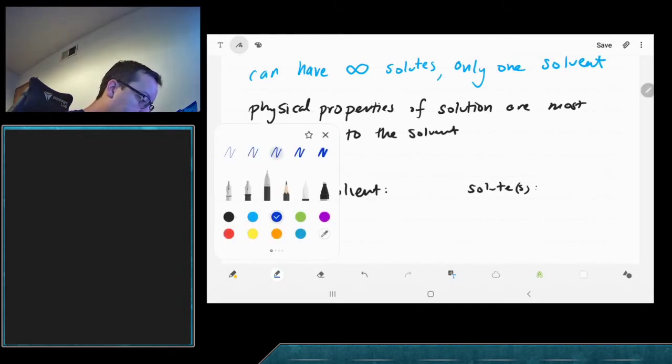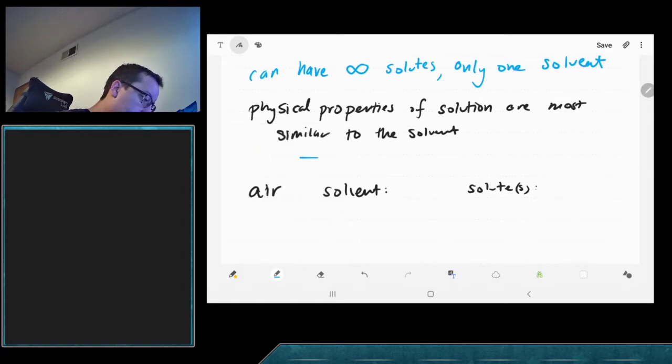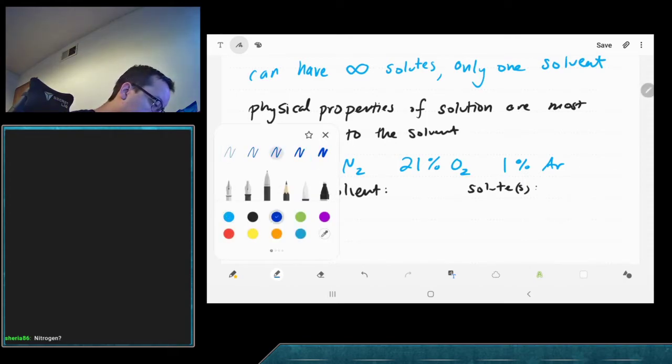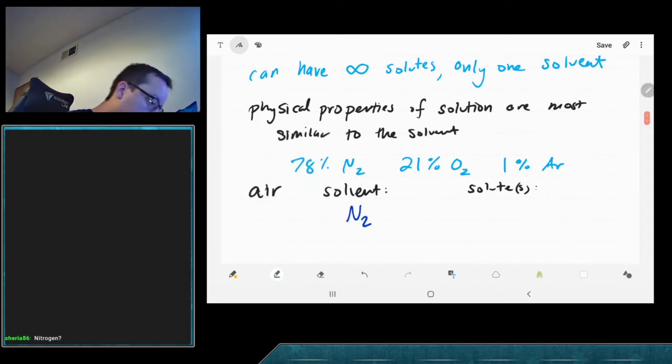So if this is our composition of air, which one is going to be the solvent? Yeah, nitrogen, exactly. Because that one is present the most, right?